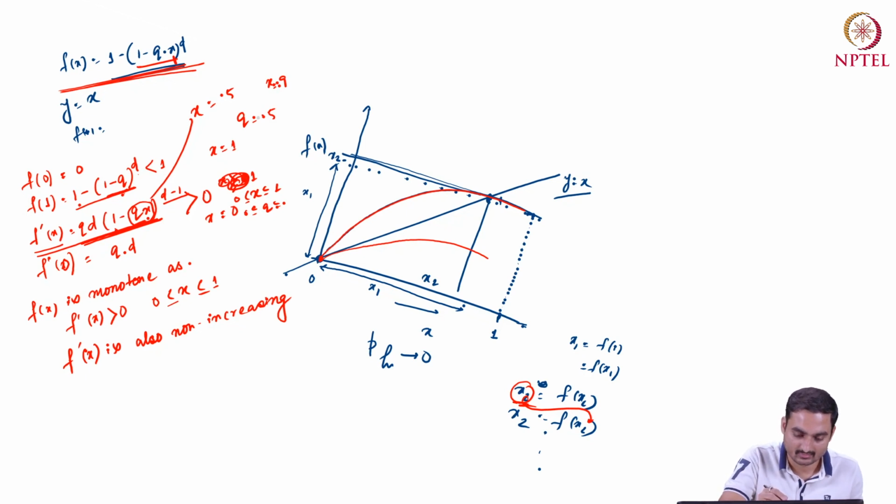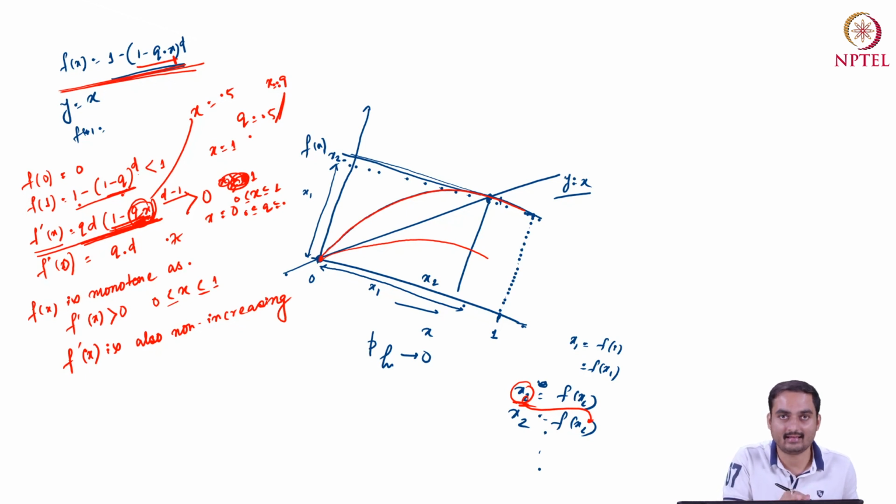So when x equals to 0.5 and q equals to 0.5, this would be 0.25, okay? 1 minus this would be 0.75, right? And when x equals to 0.9, this would be 0.45, and this would be 0.55.